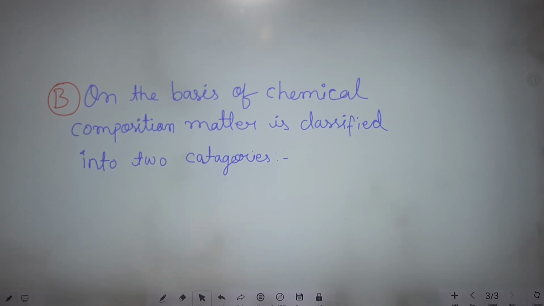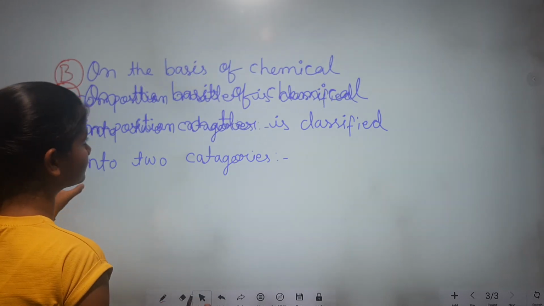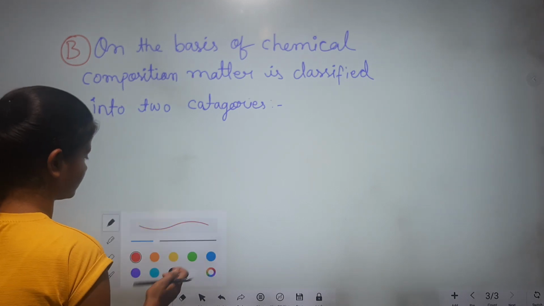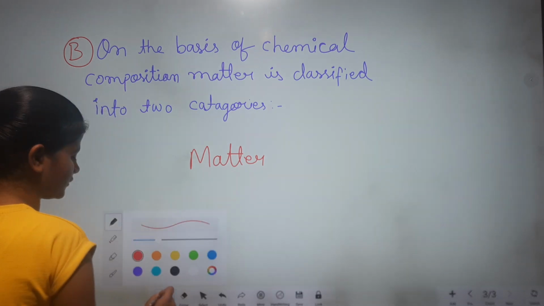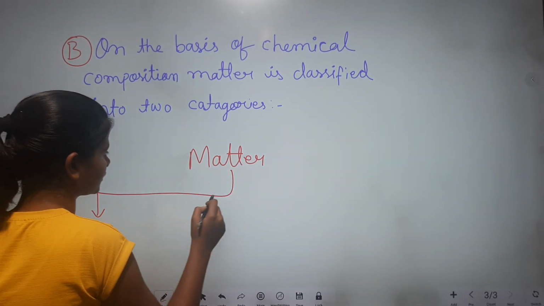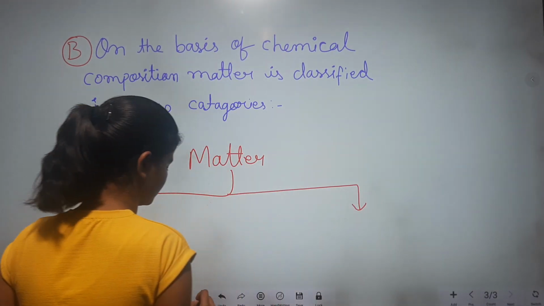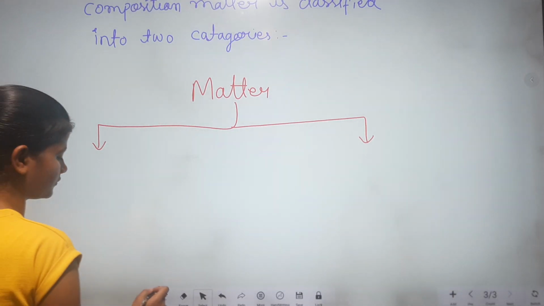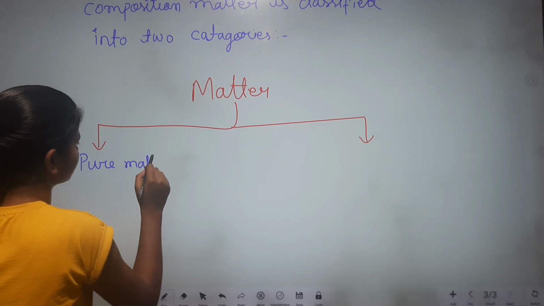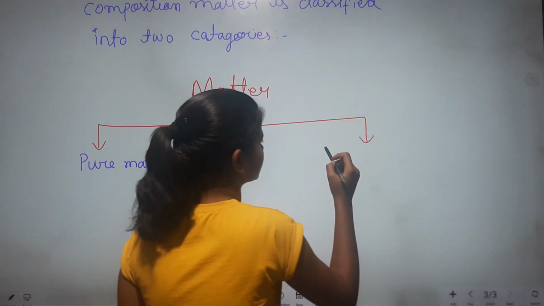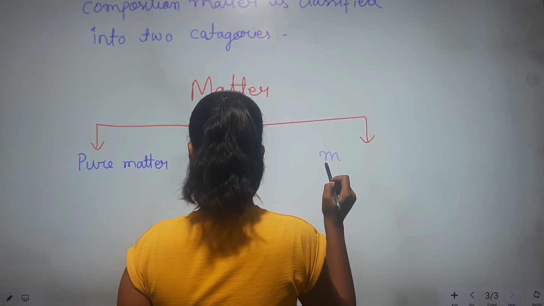Matter is divided into two kinds. First one is pure matter and the second one is mixture.